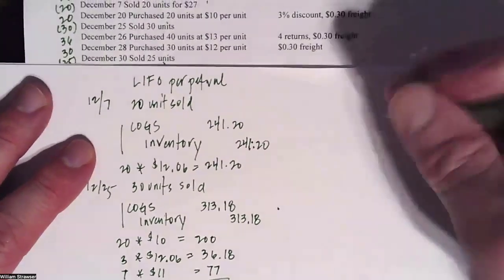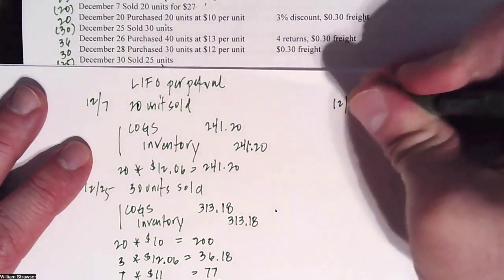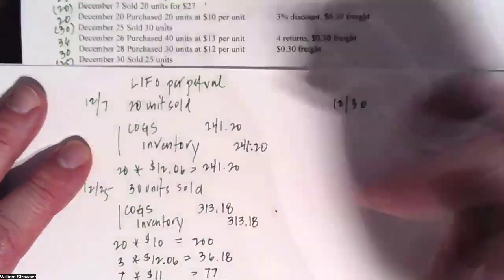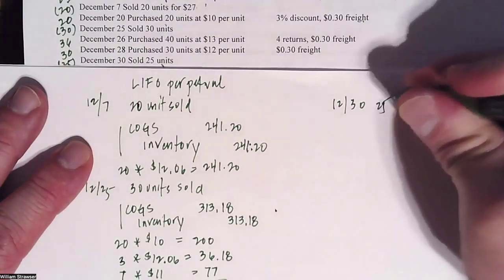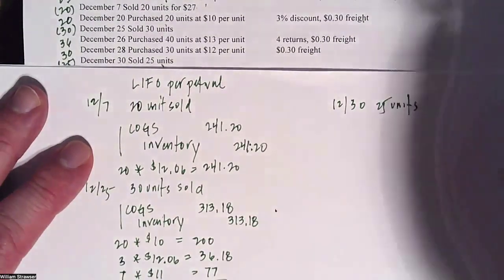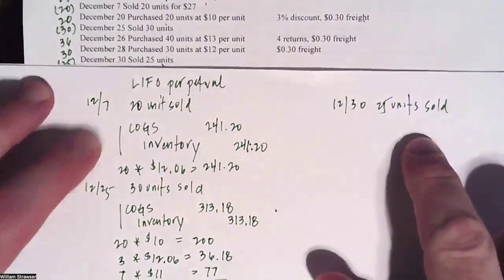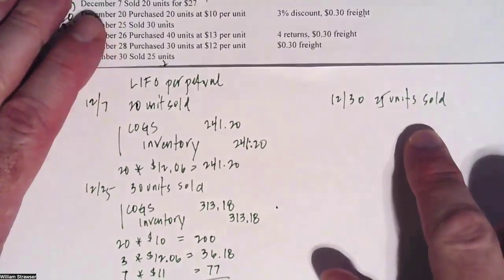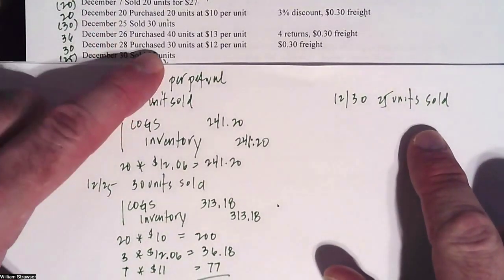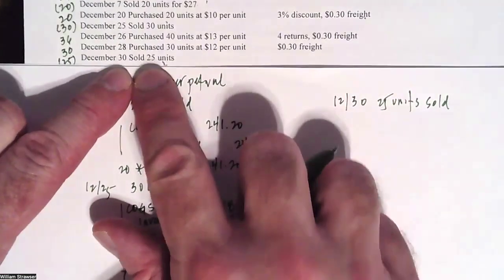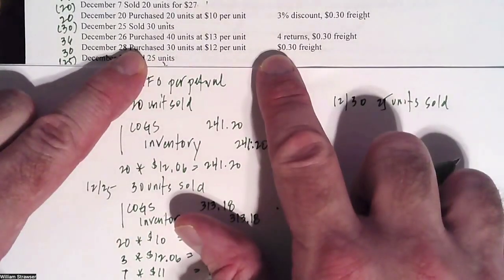Finally, we have a third sale on December 30th. We sold 25 units, and I want to pull from my most recent purchase because I'm using LIFO perpetual. So I'll take these. There were no returns, so I can get all 25 from this layer.